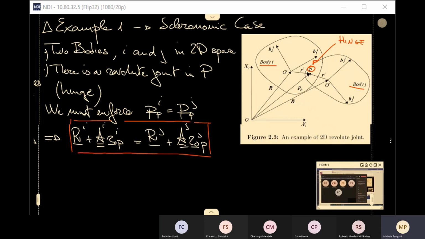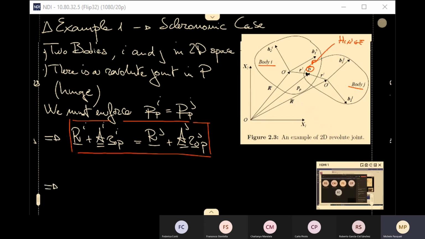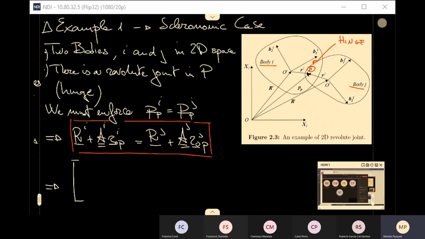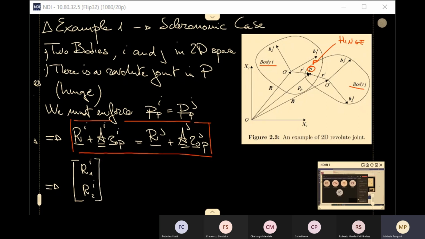And now we know, because we have gone through the kinematics, how to express this. So if I write it explicitly, since I'm in the 2D space, this can be written as R1I, R2I, okay, which are the components of the position vector of the origin of the system I, plus what? Well, it's the rotation matrix in the 2D space, okay, for the body I. And this is a very simple one.